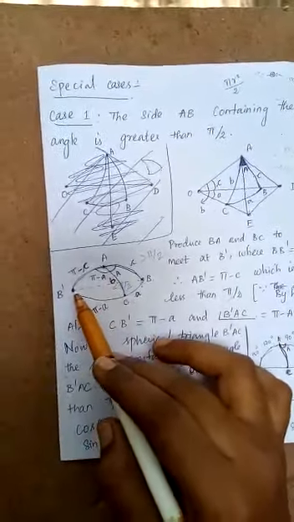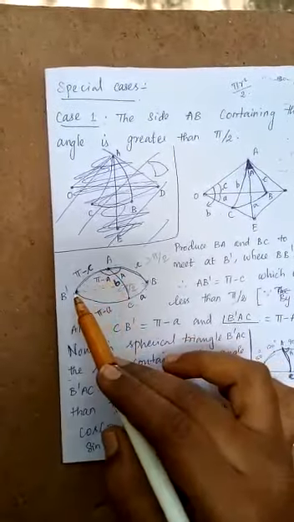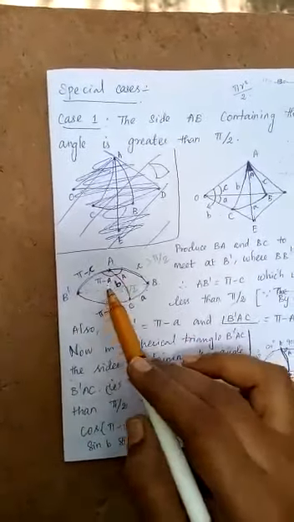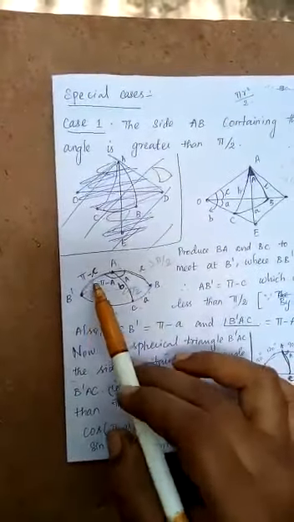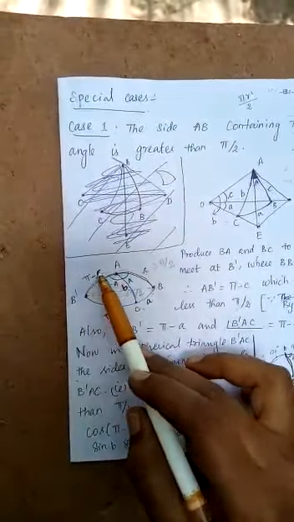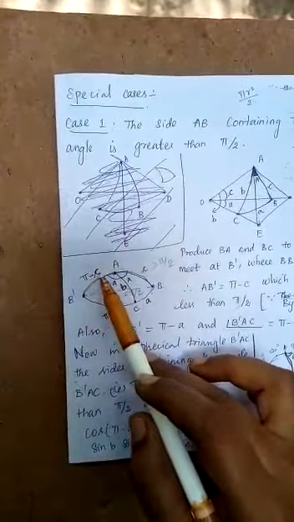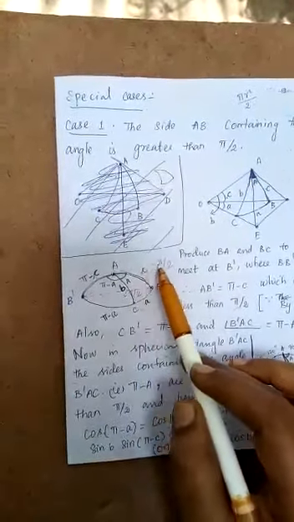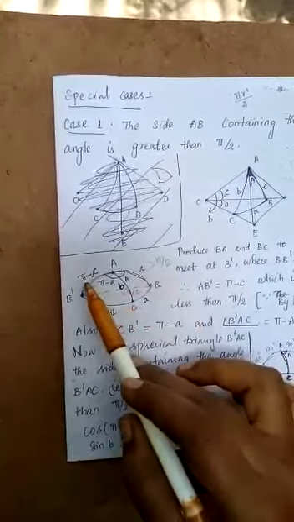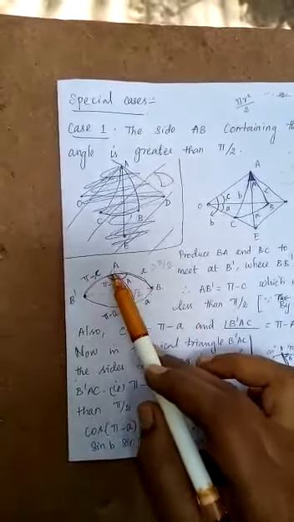If we consider this spherical triangle AB dash C, we know that this side b is less than pi by 2. What about this side pi minus c? By assumption, the side c is greater than pi by 2, so pi minus c must be less than pi by 2.